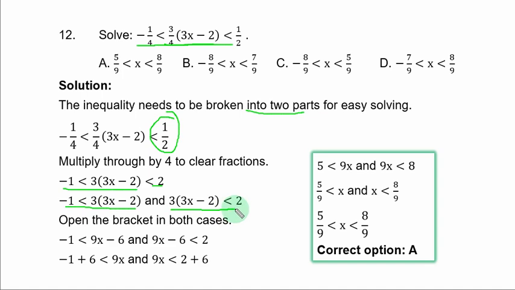So you open the bracket and solve the two inequalities. The first one, you have minus 1 less than 9s minus 6, and 9s minus 6 less than 2.